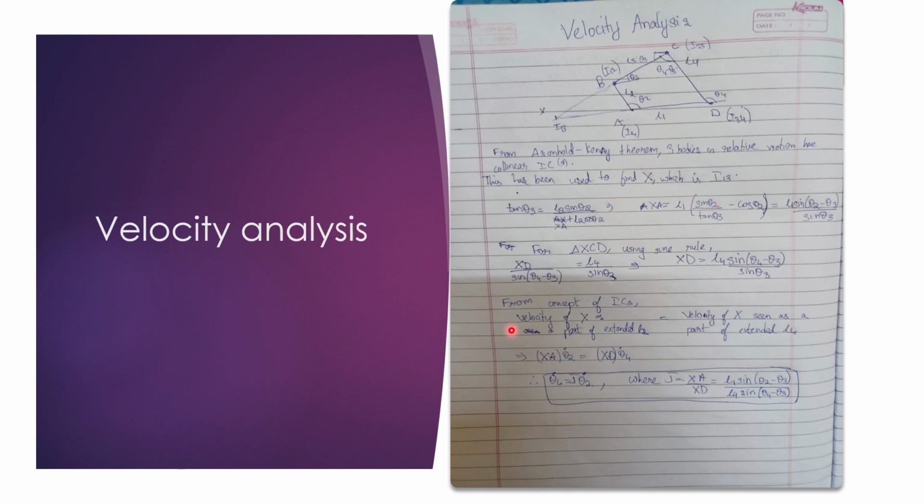And since we have already found XA and XD, we get this equation from which we get theta 4 dot as J theta 2 dot. This J is called the Jacobian and is defined as XA by XD, which comes out to be L1 sine of theta 2 minus theta 3 by L4 sine of theta 4 minus theta 3.